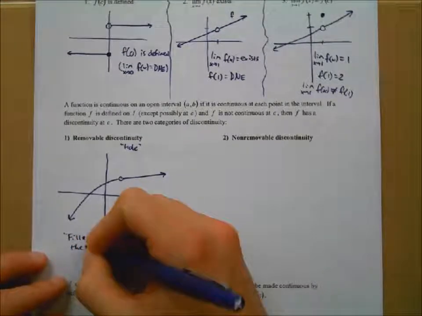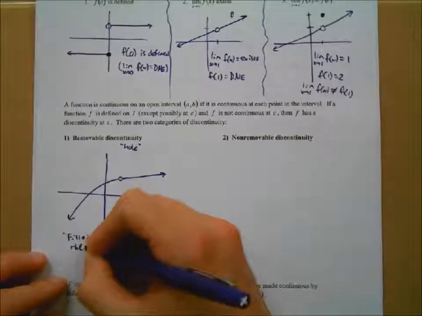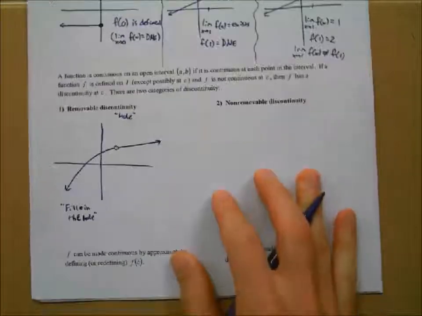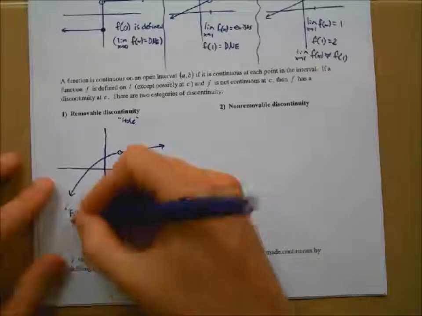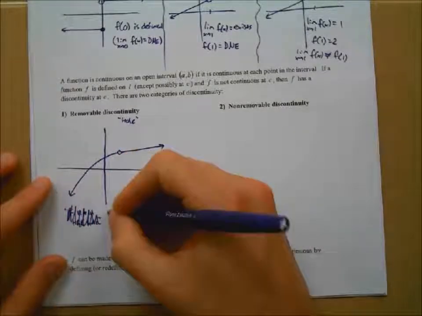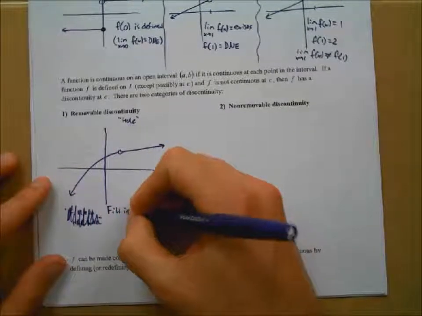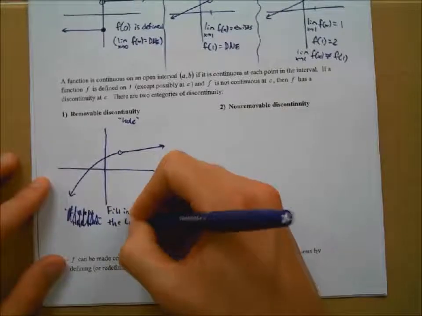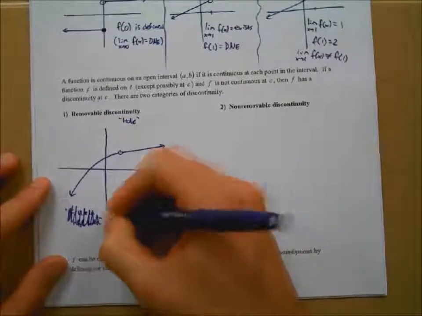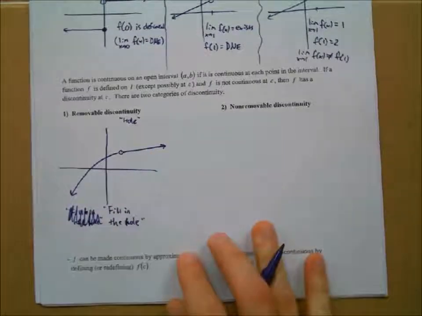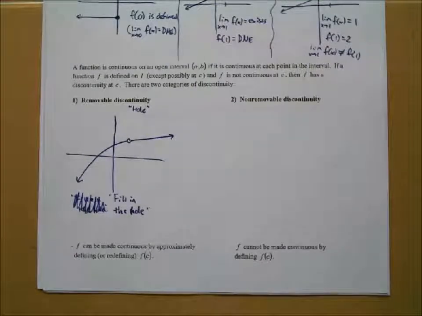All right? We could fill that single value in and kind of fix the function so it's continuous. Let me rewrite that. Fill in the hole. Okay, is the idea there. Fill in that hole.